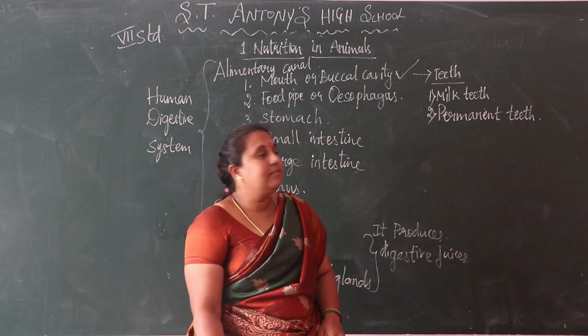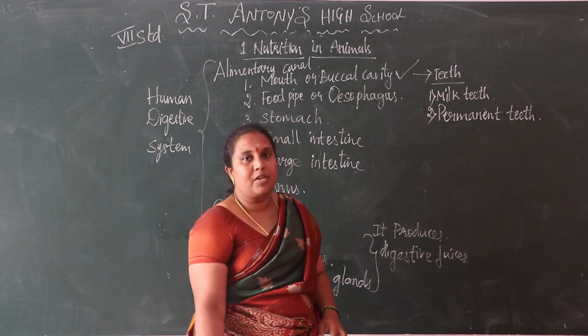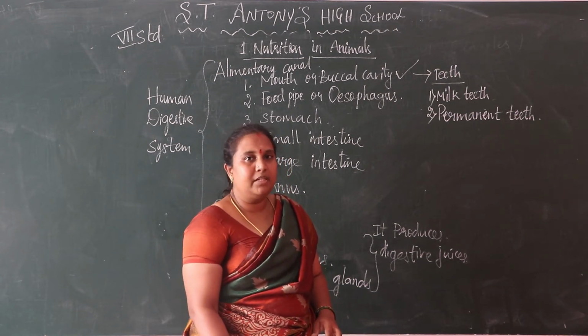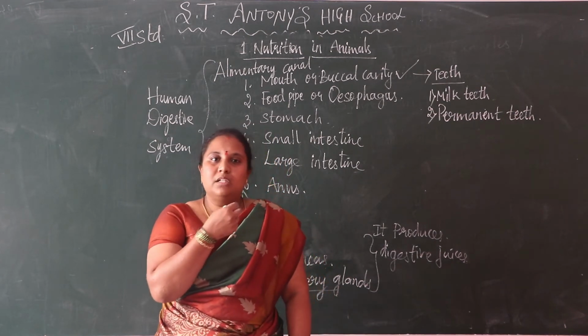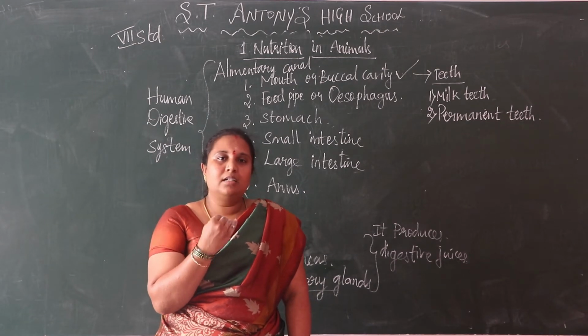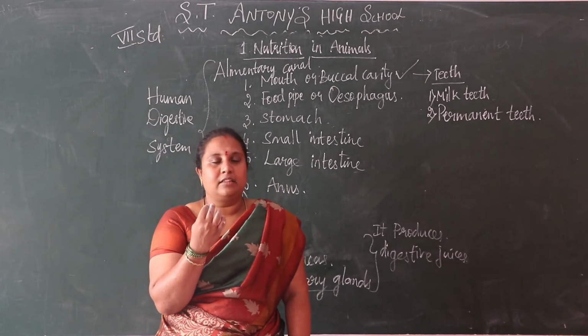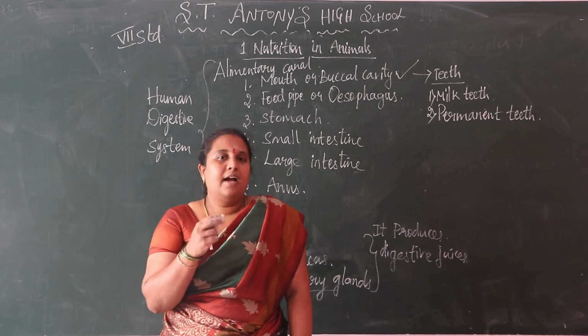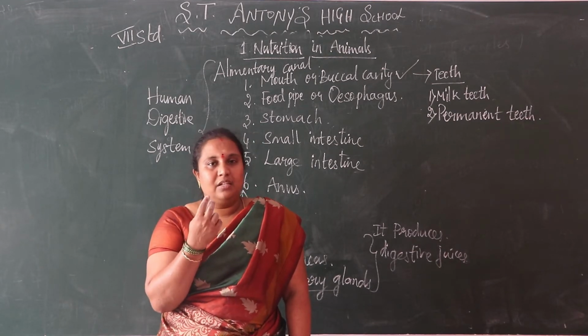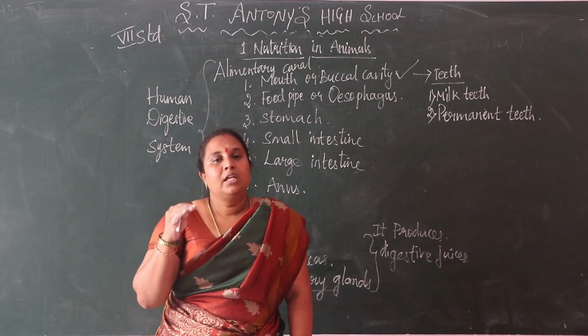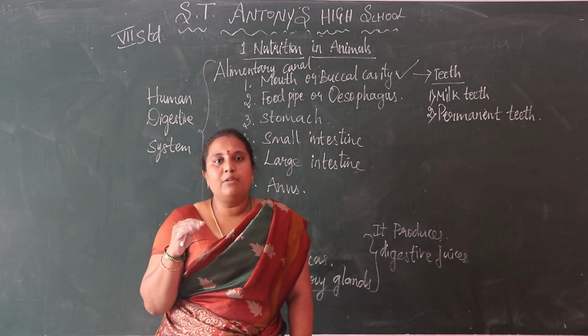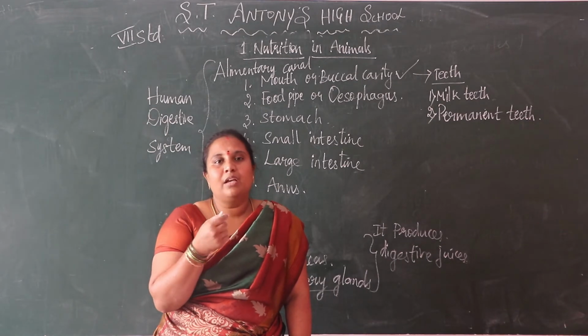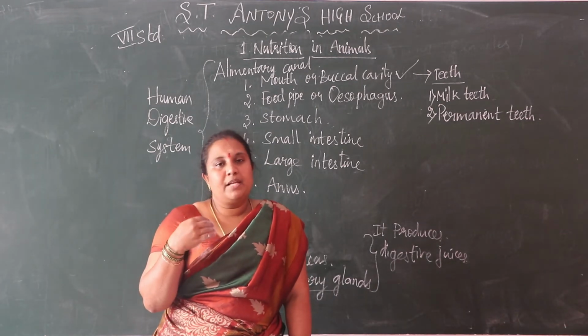Now let us see the permanent teeth in us. We have teeth on the lower and upper jaws. In adults, the lower jaw has 16 teeth and the upper jaw has 16 teeth. Small children don't have 16 plus 16; they have 12 plus 12.